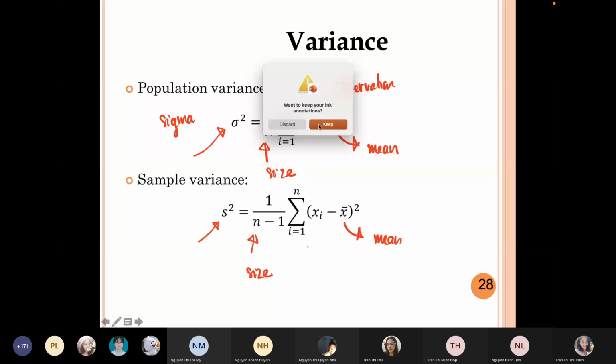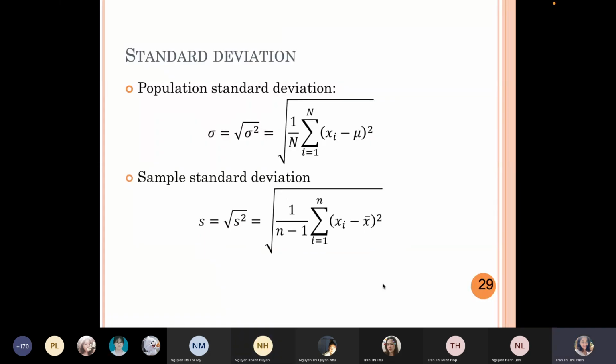For standard deviation, it's quite easy because it's based on the formula. Yes. Ma'am, your connection is choppy. Any question? Ma'am, I cannot hear you. It keeps cutting out.